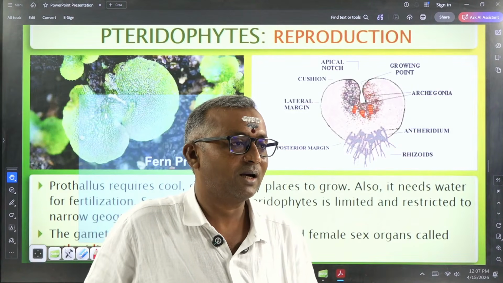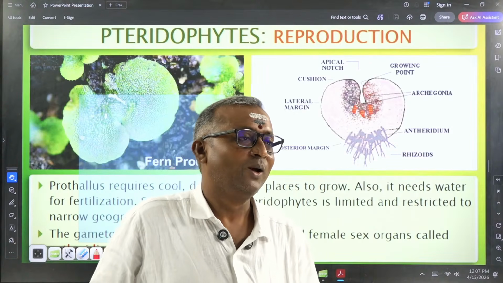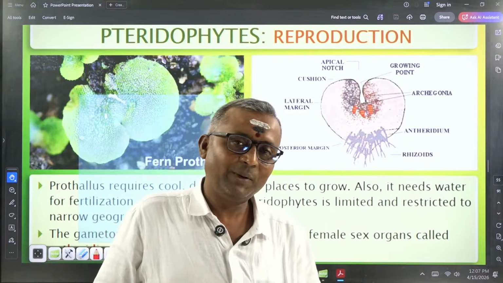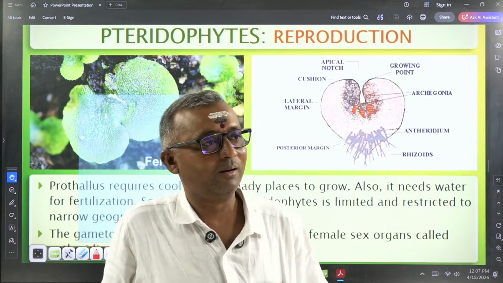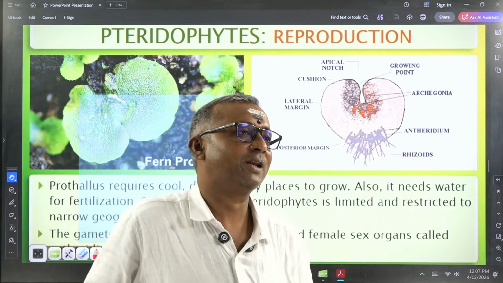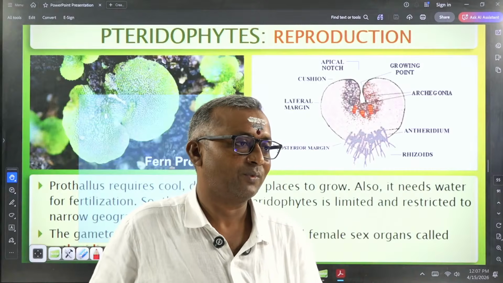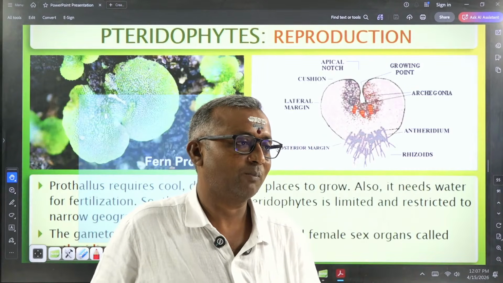Pushpavarshika is saying they have both the dominant gametophyte and sporophyte. Are both dominant, or is there any difference? Which one is dominant in case of pteridophytes?